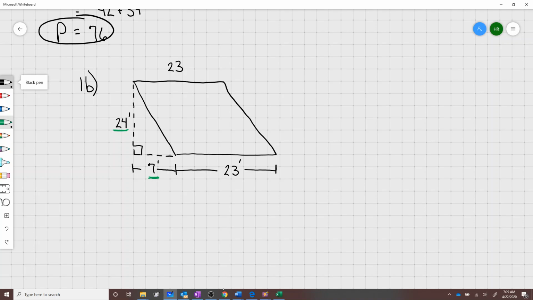And in that right triangle, we can use a leg squared plus a leg squared equals the hypotenuse squared in every right triangle. So we're going to use the Pythagorean Theorem again to find the left-hand side of this parallelogram.